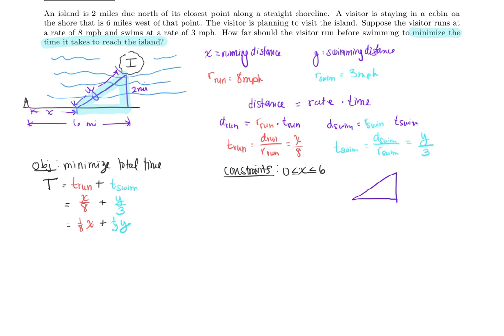So in this case, we know that our hypotenuse is y miles, our height is 2 miles, and we don't know what the base is. What we do know is that the total length of the shoreline that we have available is 6 miles.